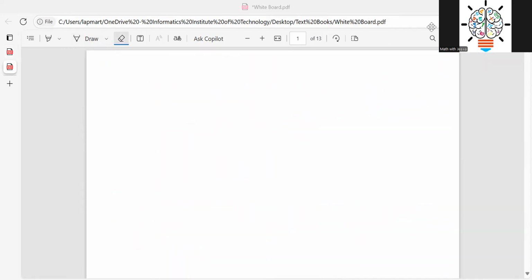Now, if you come across something like this, I'll write the topic. It should be in black color: significant figures. And that is the subtopic. Let's say you have 4,283.